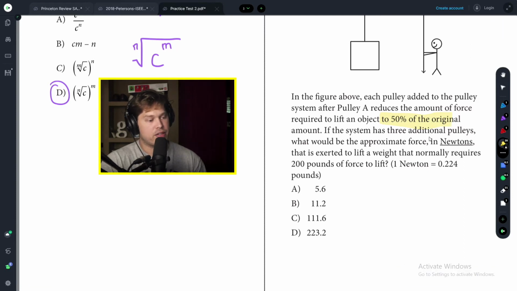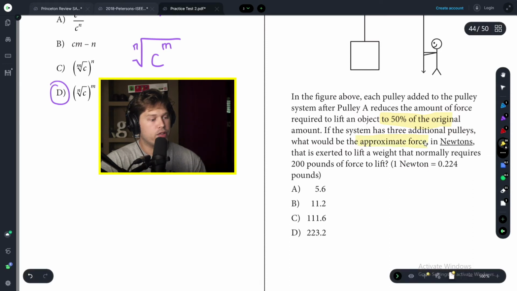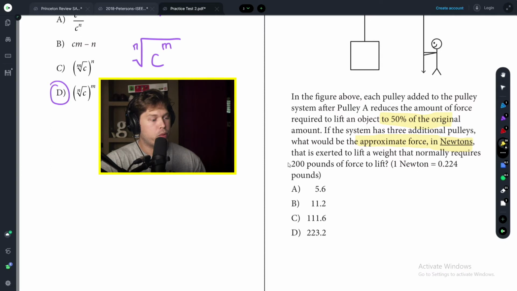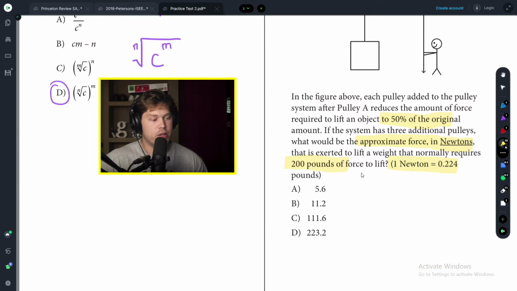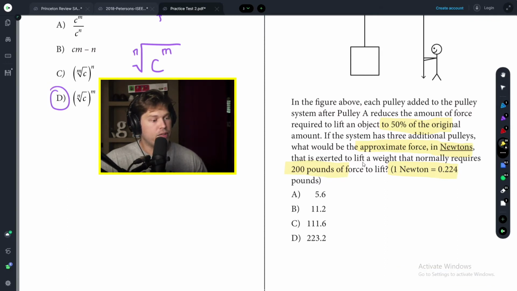If the system has 3 additional pulleys, what would be the approximate force in newtons that is exerted to lift a weight that normally requires 200 pounds of force to lift, given the ratio of 1 newton equals 0.224 pounds?